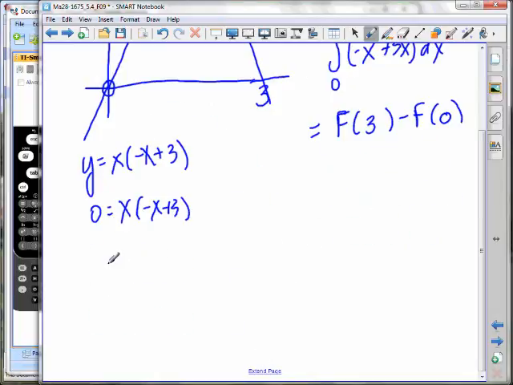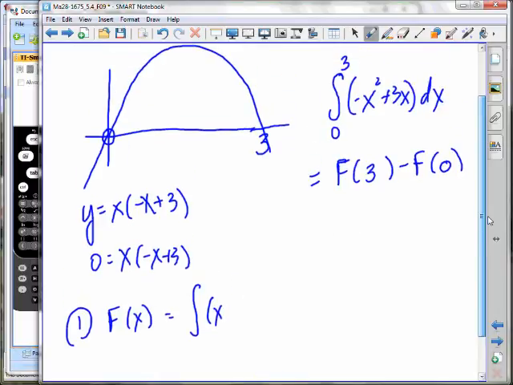So let's find the antiderivative. So number 1, what is the antiderivative of that? I don't want to write too much stuff there. We'll just say you need to find the antiderivative. That might be a good way of saying it.